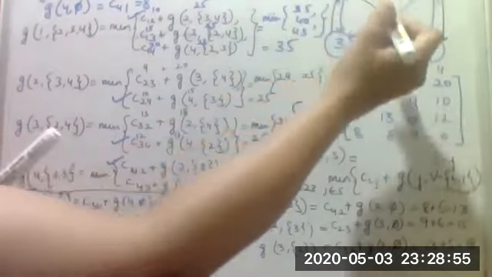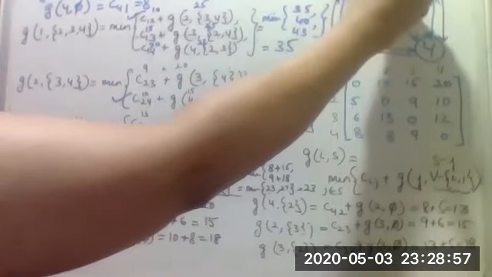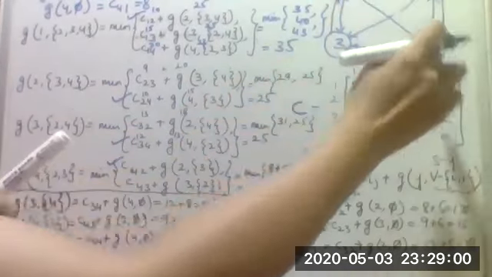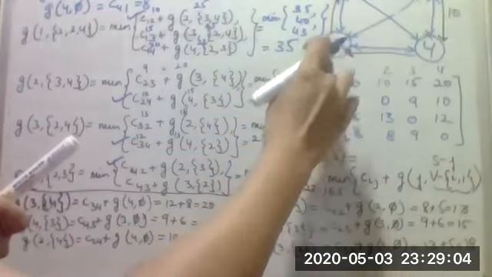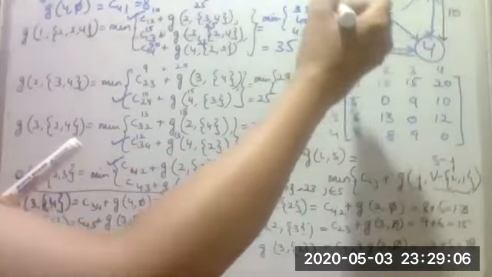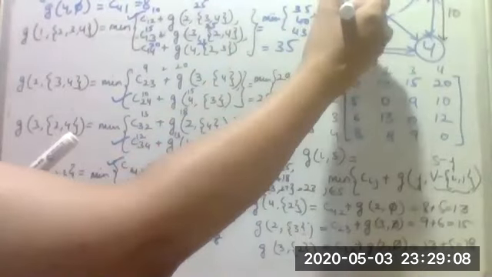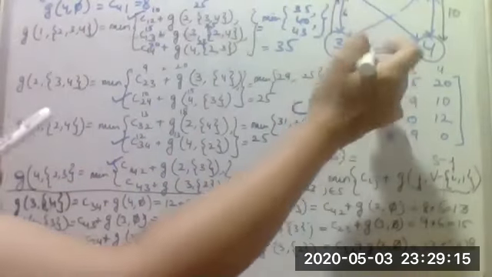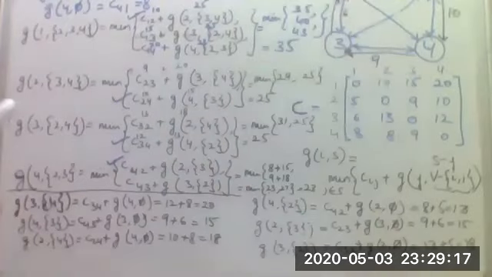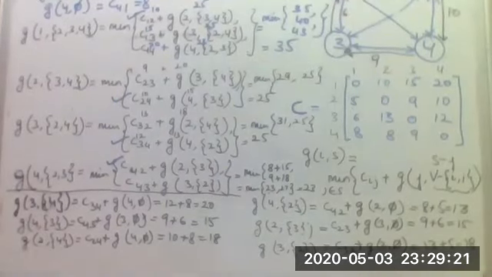So this 1 to 2 was 10 and 2 to 4 was also 10. 4 to 3 was 8 and 3 to 1 was 6. So 10 plus 10 is 20, and then, sorry, this 4 to 3 is 9. 9 plus 6 is 15. So total 35 is the cost length that we have gotten for this path.